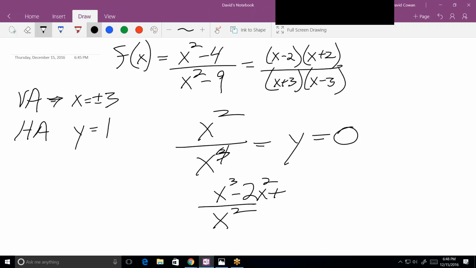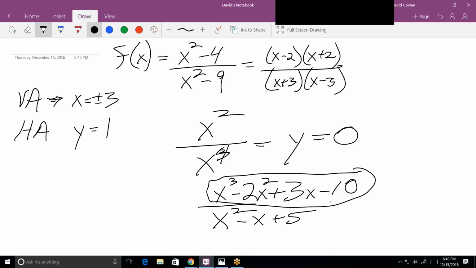And now the rest of it does matter. I'm dividing it by this. So you divide this by this using long division, and you will get a linear quotient. That linear quotient is the equation of the slant asymptote. And you might have a remainder. It doesn't matter. We don't care about the remainder.